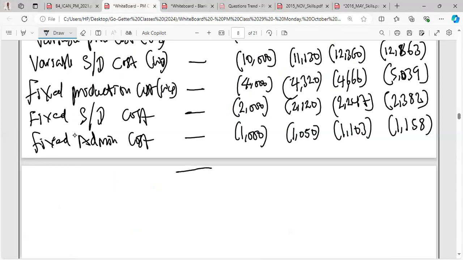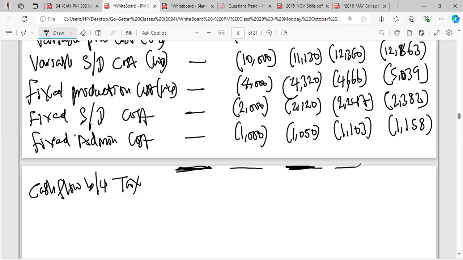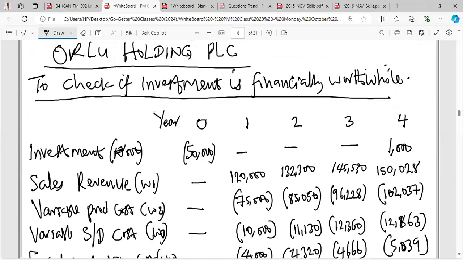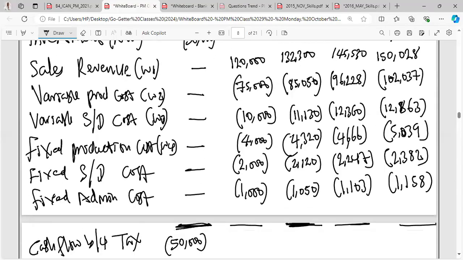This is cash flow before tax. That is what we want to find. Of course, here will still be 50,000. So let's calculate it one by one.